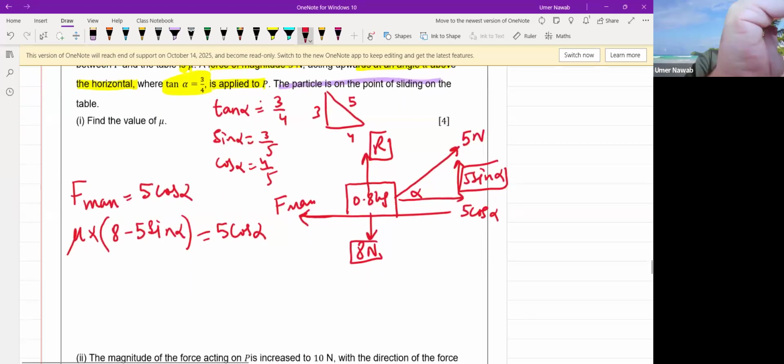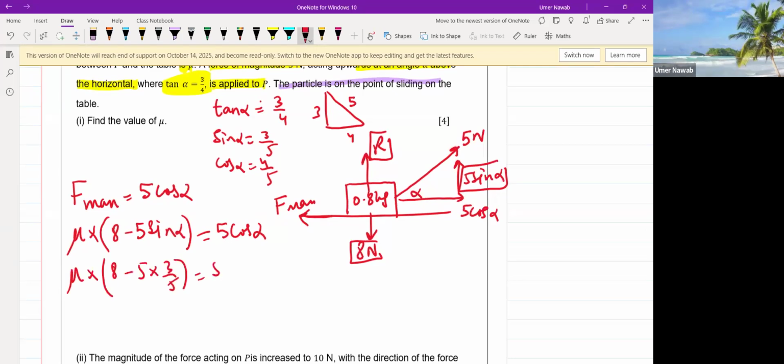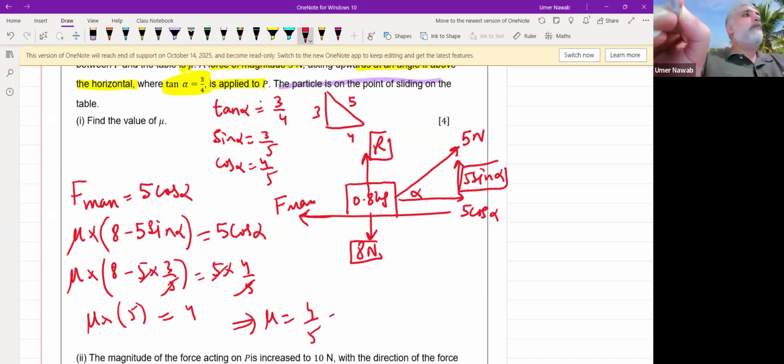Substitute all the values which are given to you. Mu times 8 minus 5 sine alpha, where sine alpha is 3 over 5 and cosine alpha is 4 over 5. 5 cancelled. So mu times 5 is equal to 4. Mu is equal to 4 over 5 or 0.8.